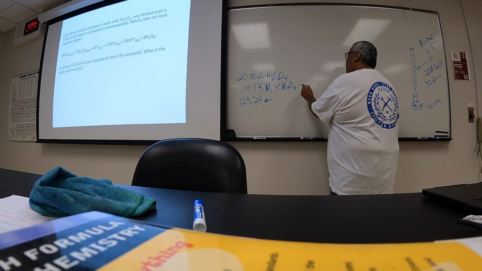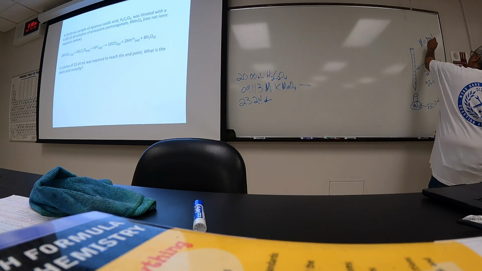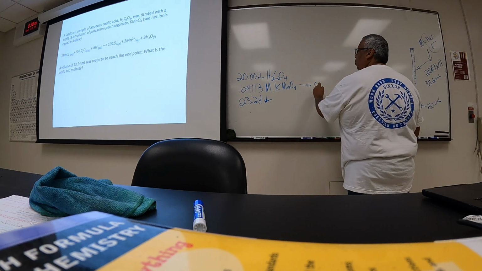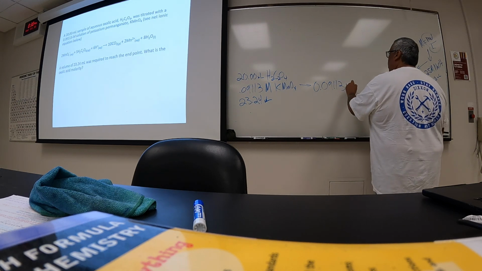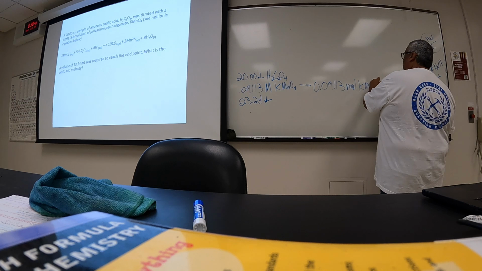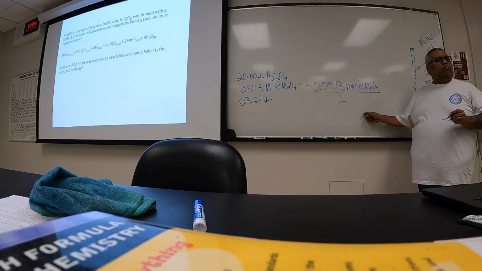Now, before we start, I think we should get rid of this M first, right? What we need is this. So I'm just going to write this over real quick. We're going to take 0.09113 moles of potassium permanganate per liter.